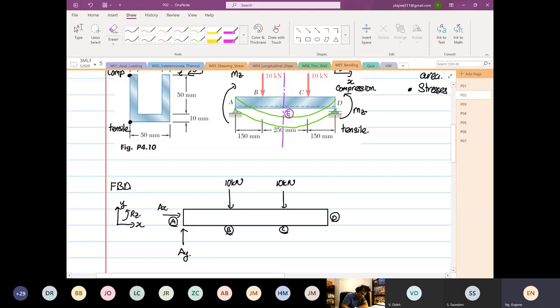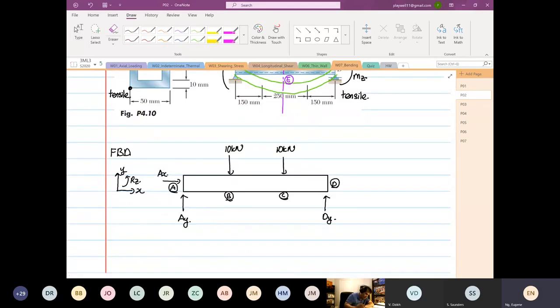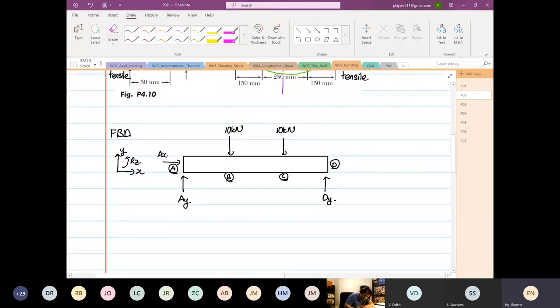And then at point D, you have only a roller support, so you only have DY. Okay, so we're going to do static analysis first. We're going to carry out static analysis.